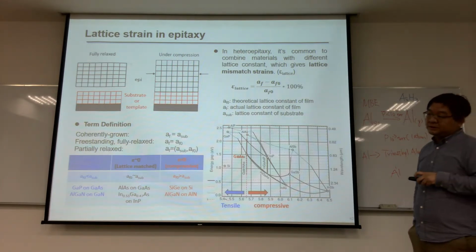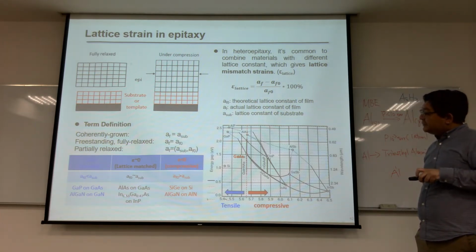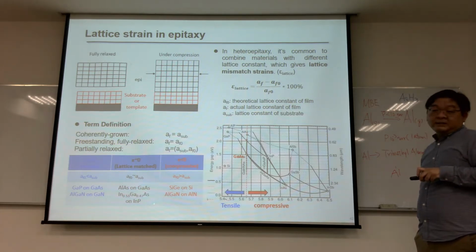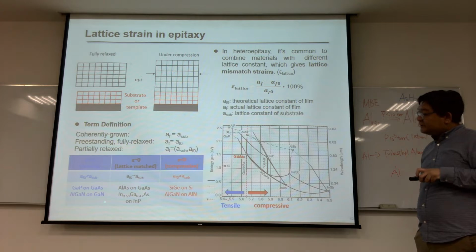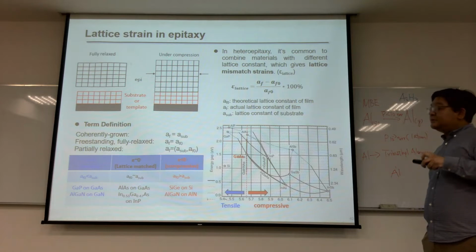It's almost strain-free. Another good example is indium gallium arsenide with 53% indium on indium phosphide. You can do XRD to measure the lattice constant. It's also almost strain-free.